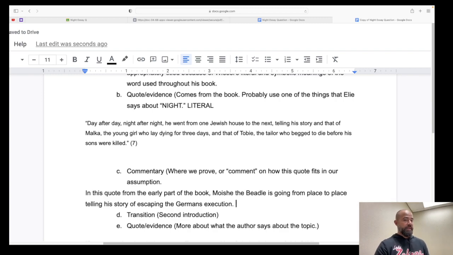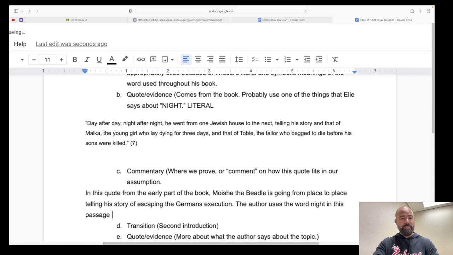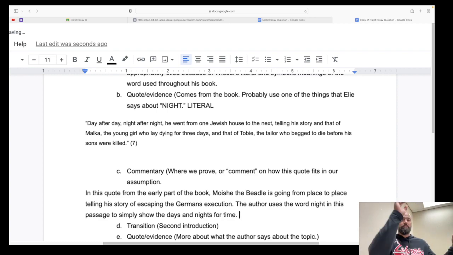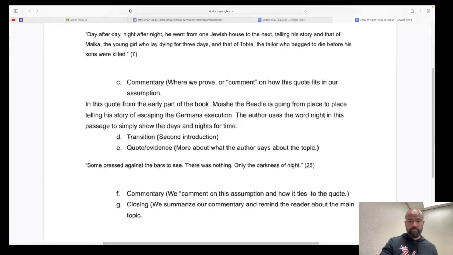Now I'm going to tell how he uses night. The author uses the word night in this passage to simply show the days and nights for time. Boom. Done. Okay?